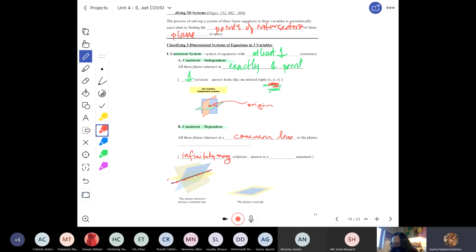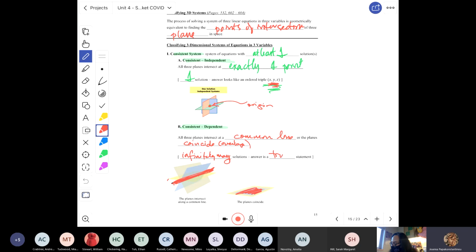So if we want to visualize how 3 planes can intersect in a line, this entire line is the solution set, or they can coincide, overlap, and so all the points would be every point on the plane.